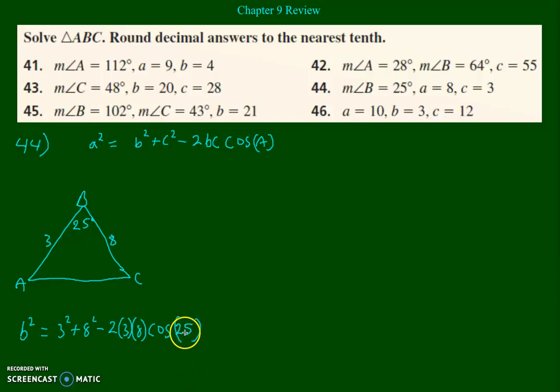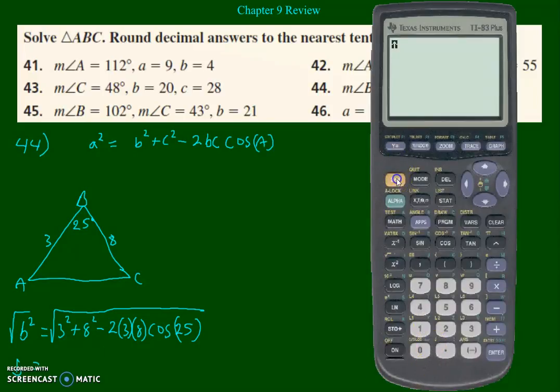And we're going to have to take the square root of that whole thing to solve for B. So if we just square root both sides, we would get B equals that value. So let's just go ahead and put that in our calculator and see what we get.